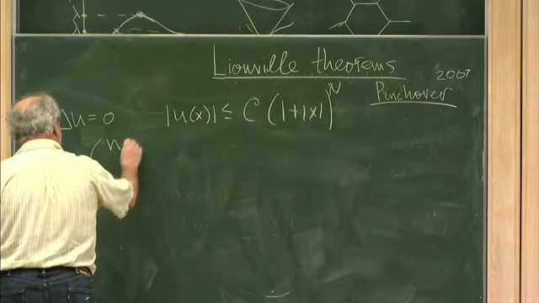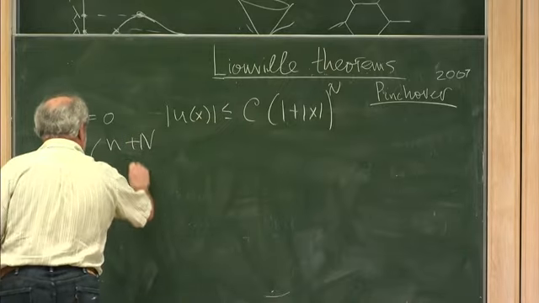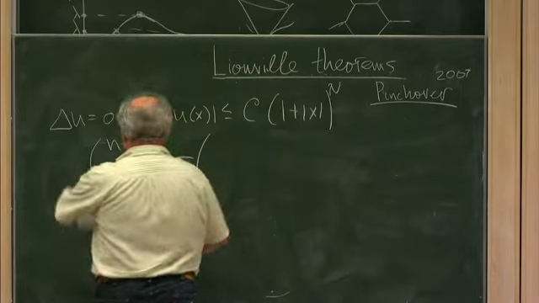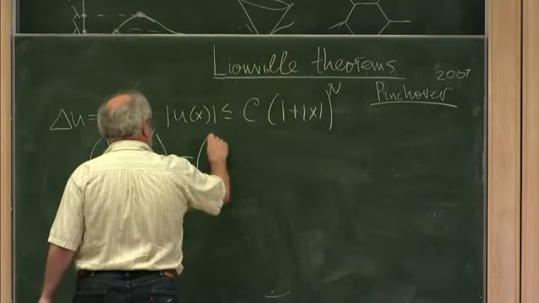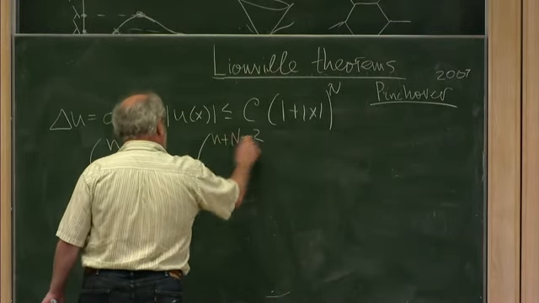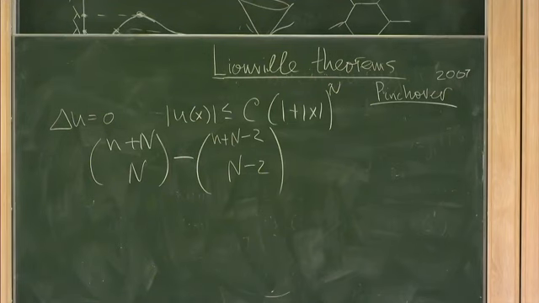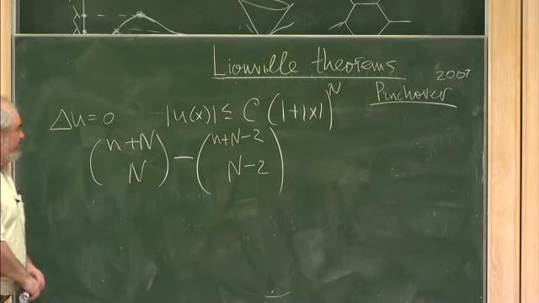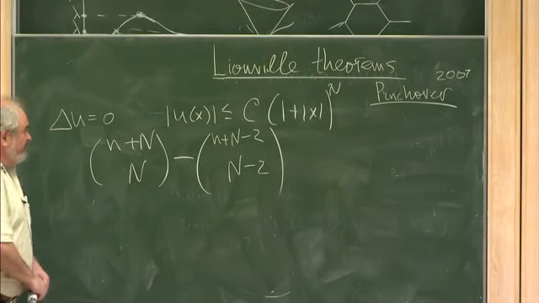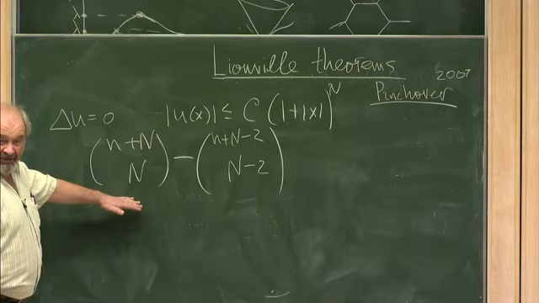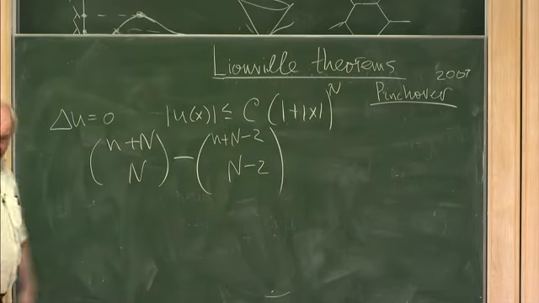It is a binomial coefficient. That's the dimension of all solutions. So first of all, they are polynomials. The main thing is that it's a finite dimensional space for any capital N.